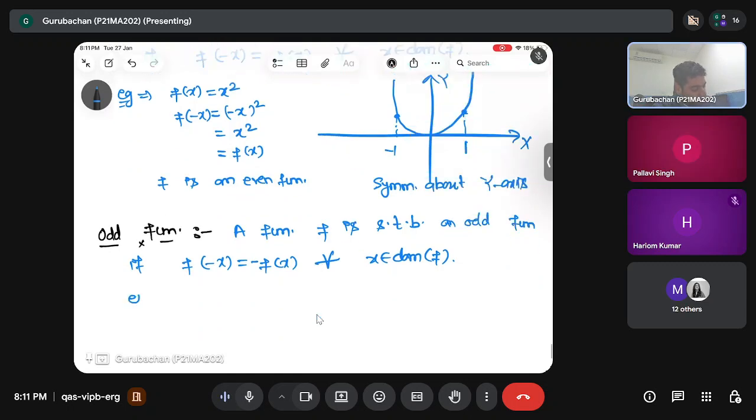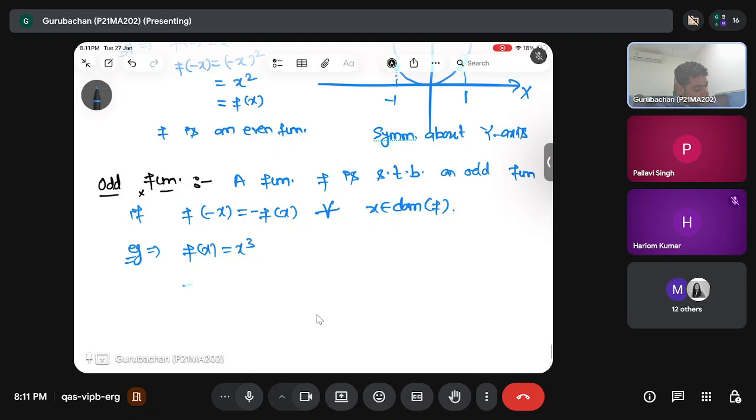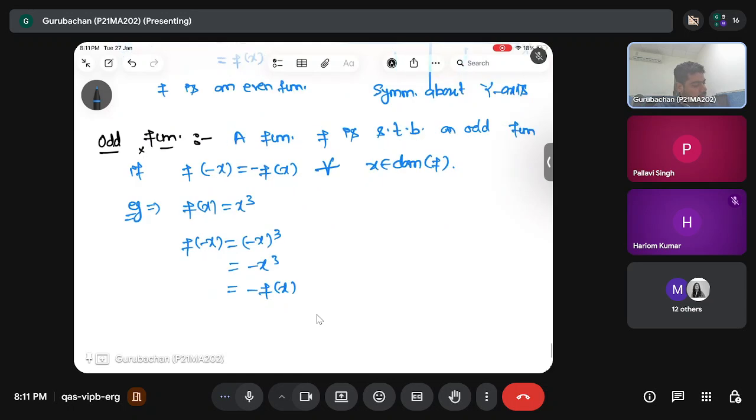Now what about this one? Suppose f(x) equal to x cube. f of minus x will be (minus x) whole cube, which will give you minus x cube, that is minus of f(x). So that means f is an odd function.